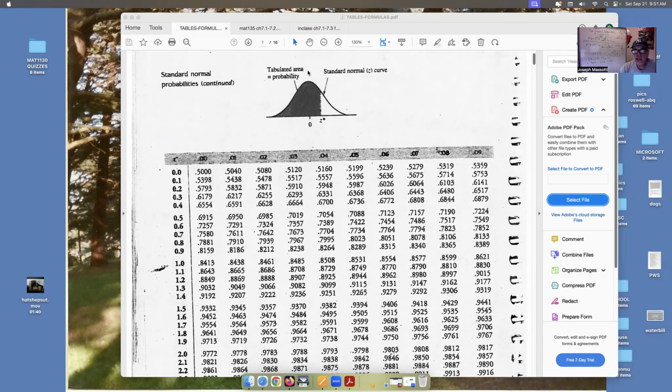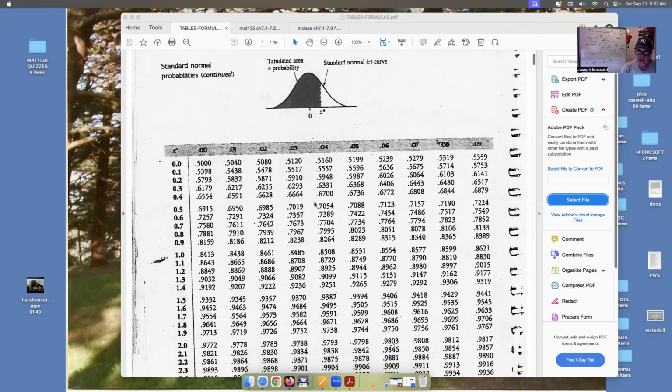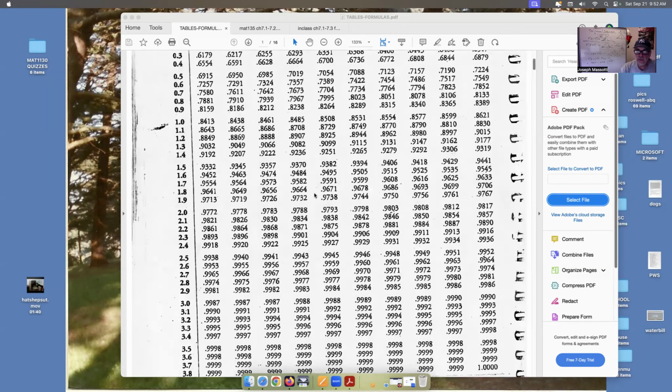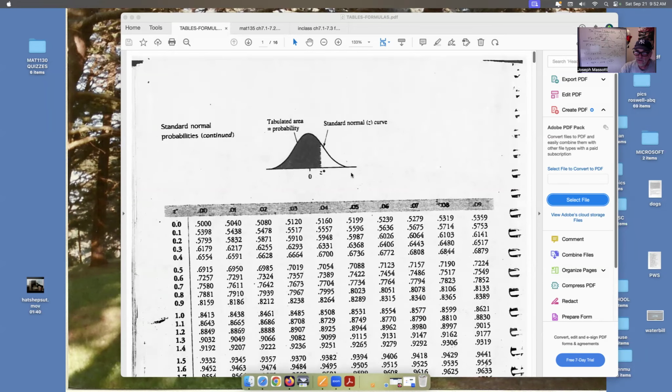You can't see it too clear, but this says z, and these numbers across the top are the hundredths digit. These numbers are the tenths, up to tenths of the z value. So these are the z values. They range from 0 at the center, and it's a two-page table, first page, second page. First page gives you the positive z values, so the z value is to the right of 0.